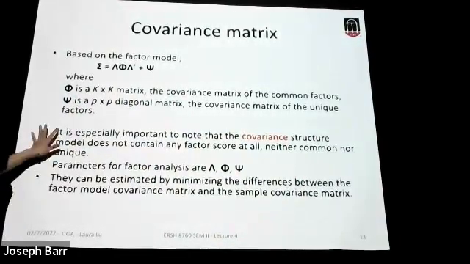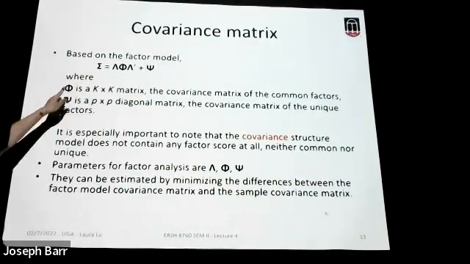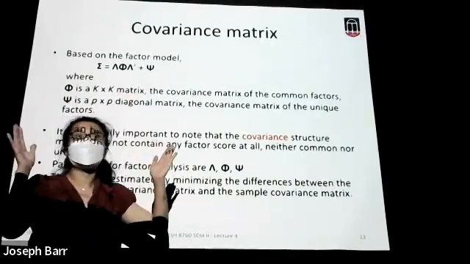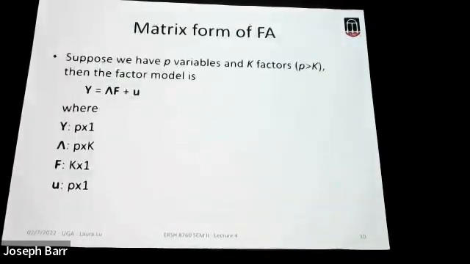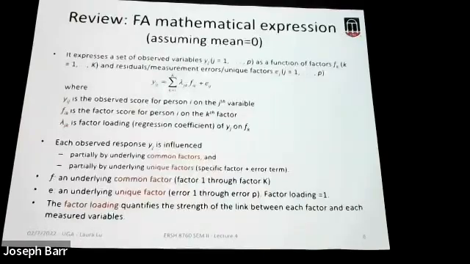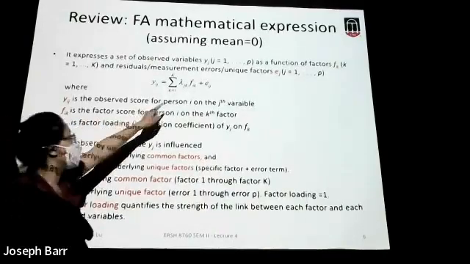It is especially important to note that the covariance structure does not contain any factor scores at all. If you look at this equation, there's no F, no factor scores. In the very beginning, in this equation, we have factor scores, okay?